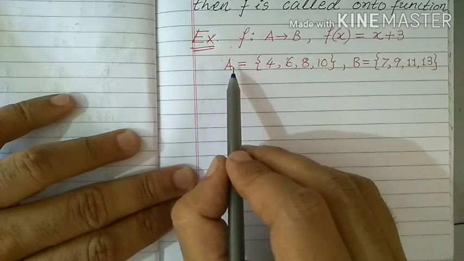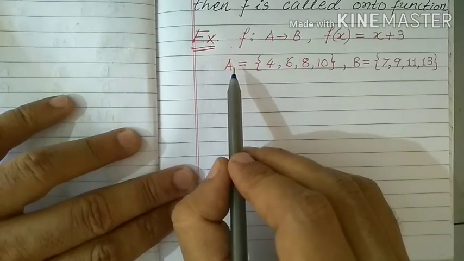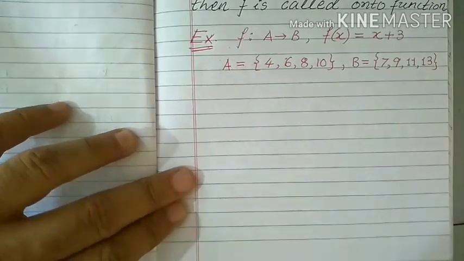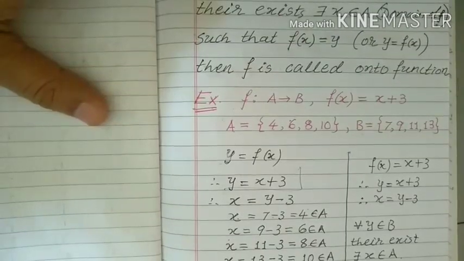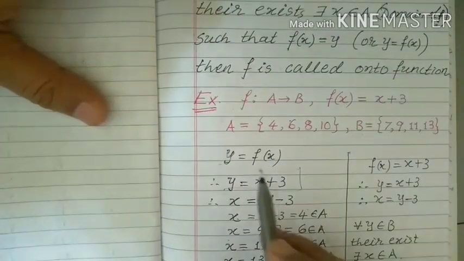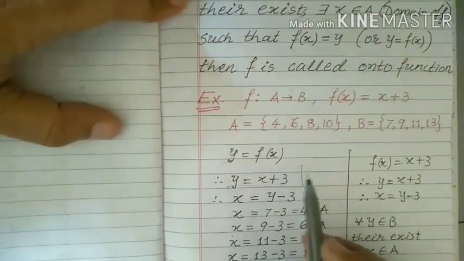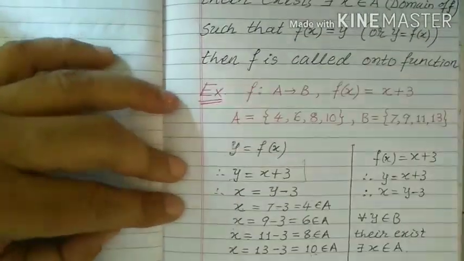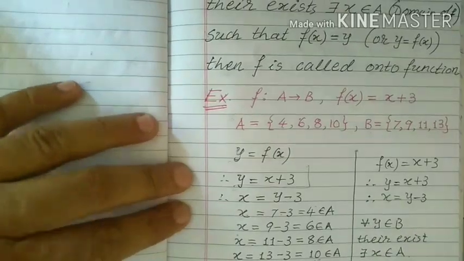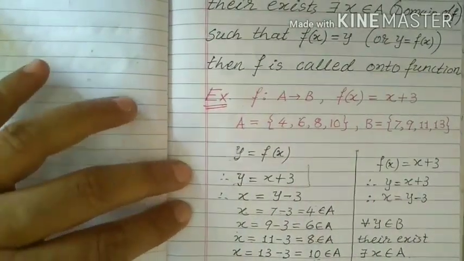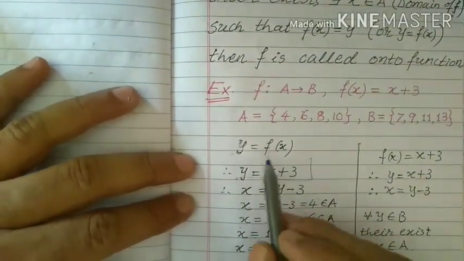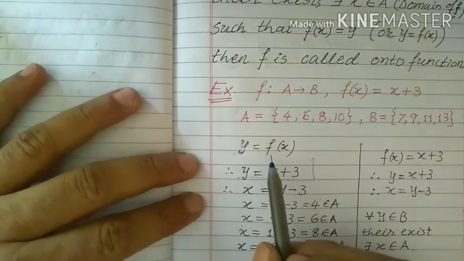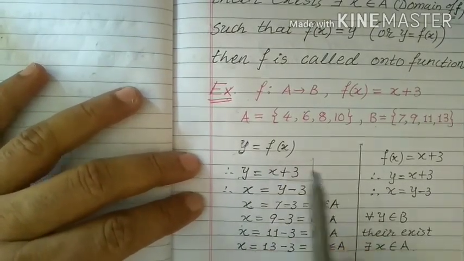If it is, then we can say the given function is onto. How will we check? First of all, we will take y equal to f of x. This is the process to check whether the second definition applies or not.